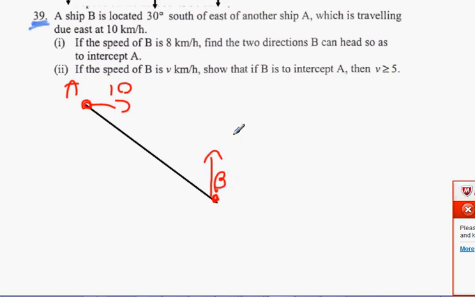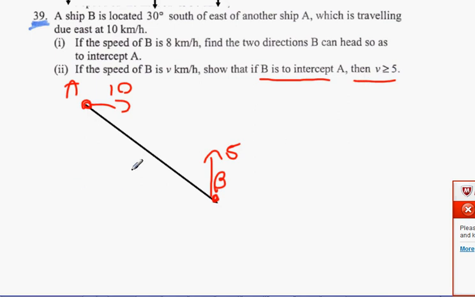Now B used to be 8, now it's going to be 5. Show that if B is to intercept A, then V must be bigger than 5.